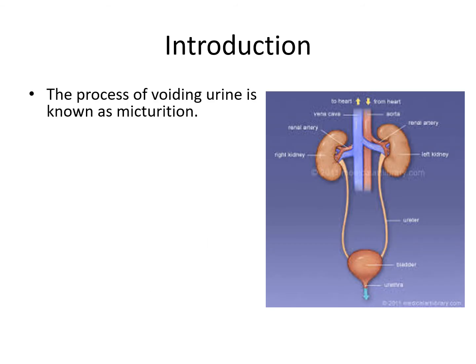Micturition is the process of voiding urine. As we already know from our previous classes, from the renal artery nearly 1.2 liters of blood per minute enters the kidney or renal circulation, which is 25% of cardiac output.